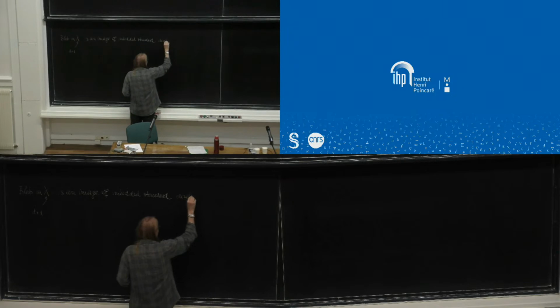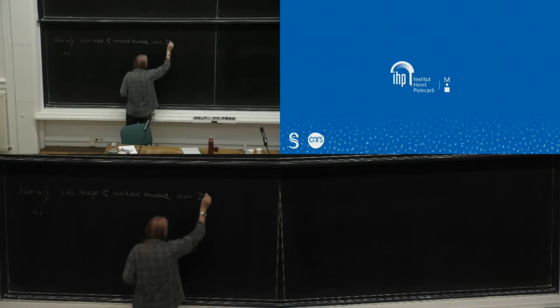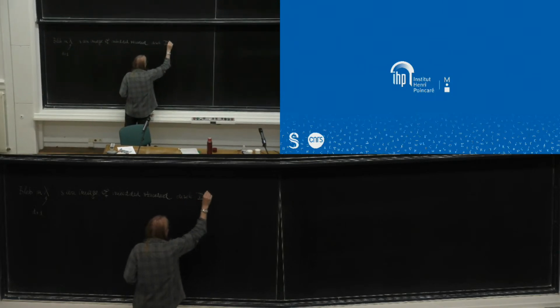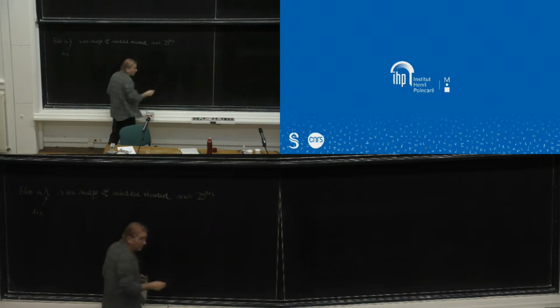Speaking about blobs, I always assume that X is of maximal dimension D plus 1, so the image of an embedded standard disk. Maybe I'll denote it by D this way or something like this. So, I mean, actually you already see some pictures over there, but I'll be more specific. So this is a blob for me.